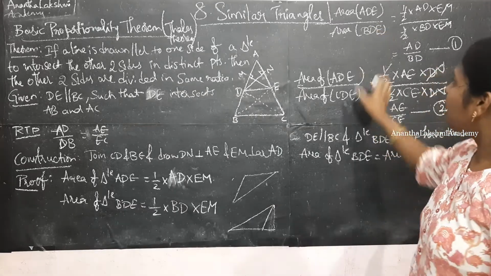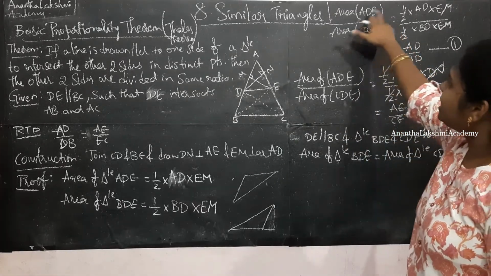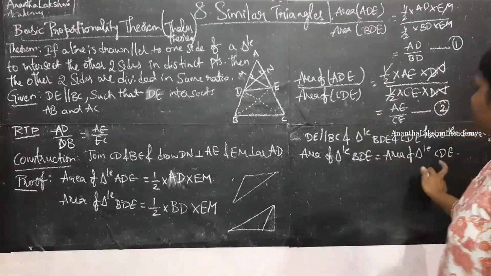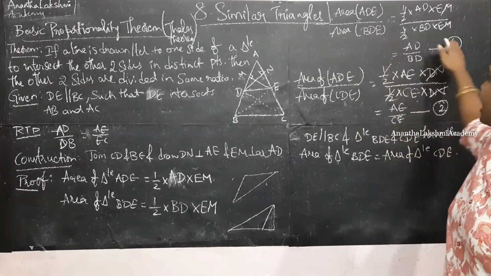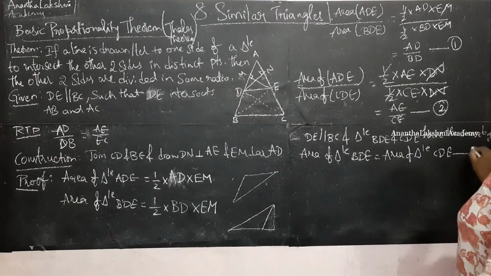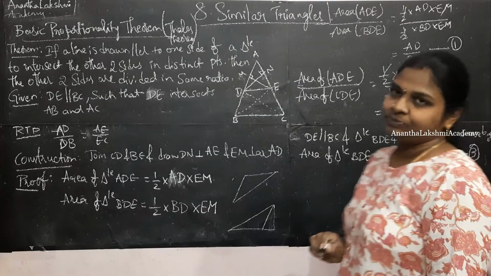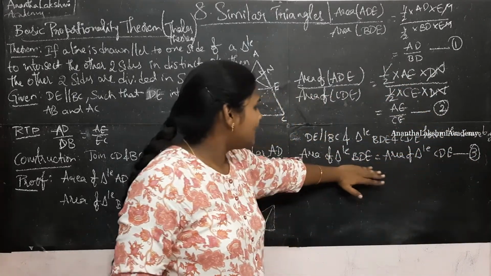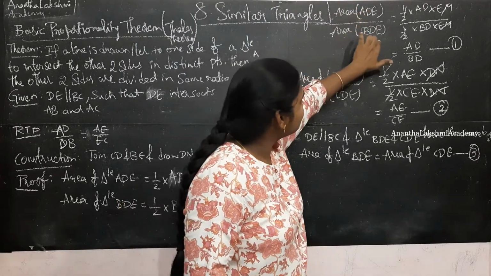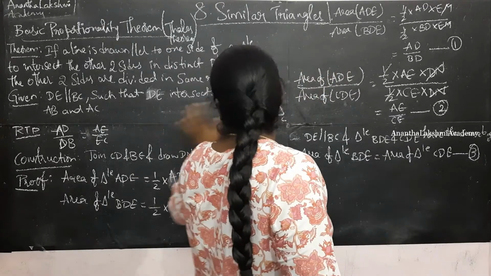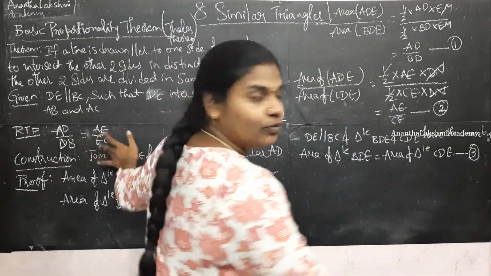So wherever I have CDE, I could replace it with BDE. Okay, so now that this is area of triangle ADE and BDE, and area of triangle ADE and CDE. If CDE is equal to BDE, can I equate these two? Yes. So if I consider this as equation 3, since given that CDE triangle area is equal to BDE, this fraction and this fraction become equal, which is nothing but our required to prove.